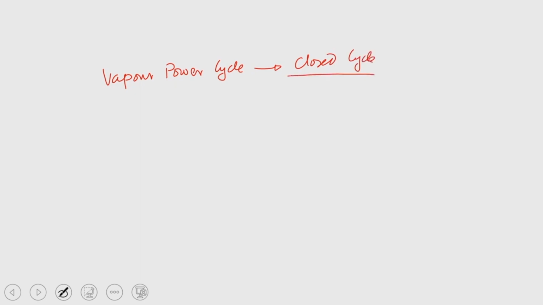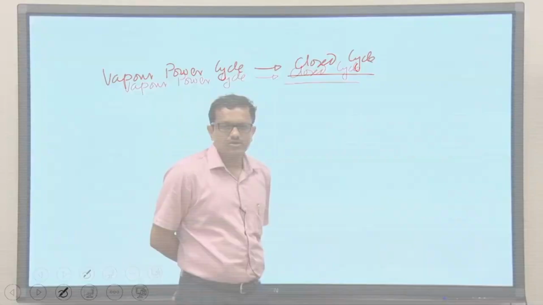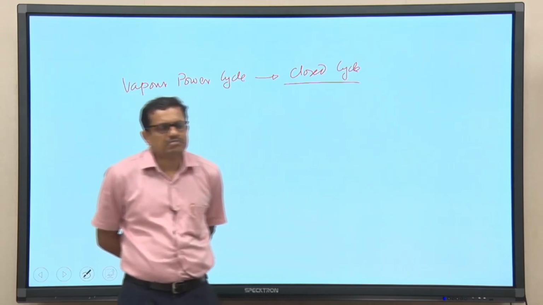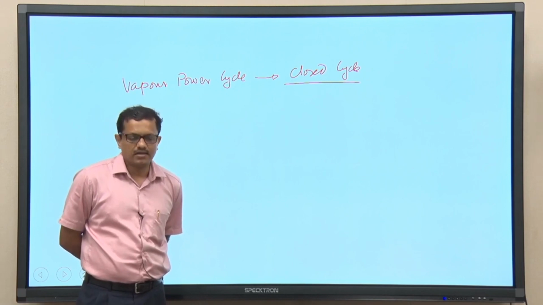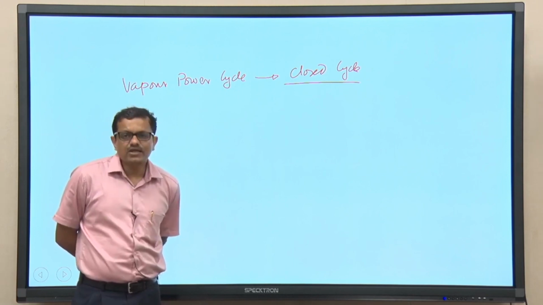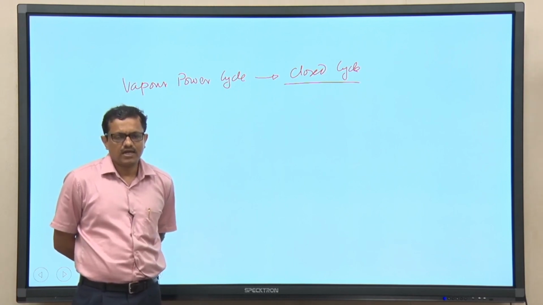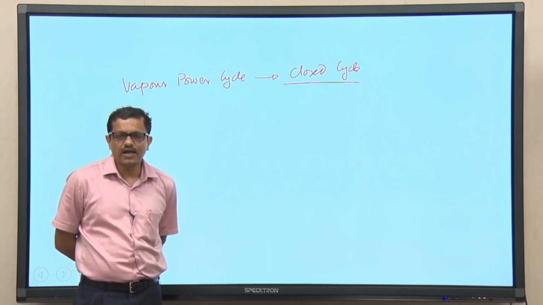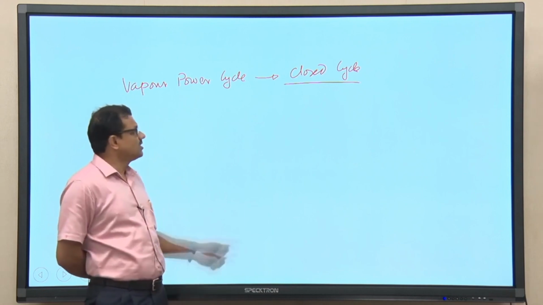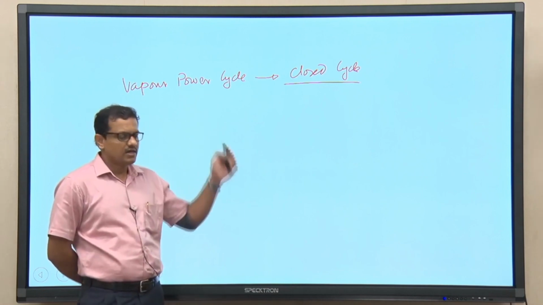Now I would like to discuss one important point, coming to the objective. If you try to recall, we need to discuss the ideal cycle. So, why do we need to study this particular cycle? Because we need to measure the performance of the steam plant which is operating on this vapor power cycle, right.